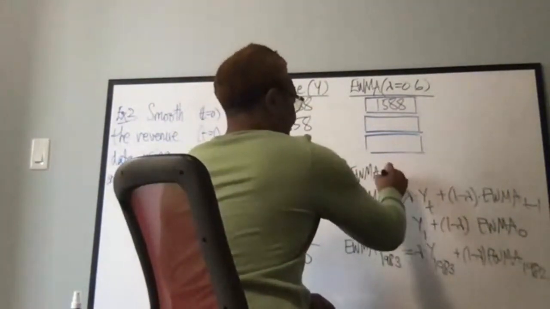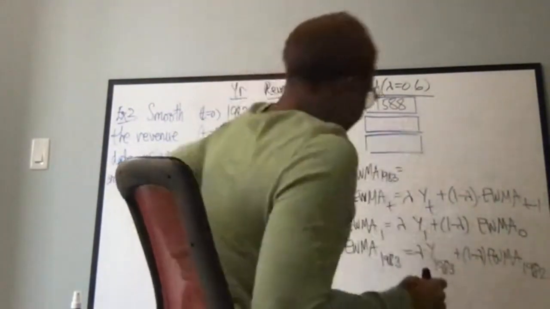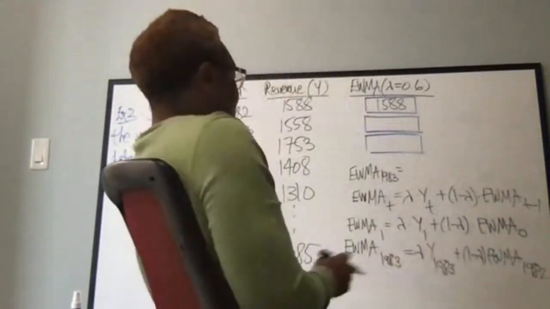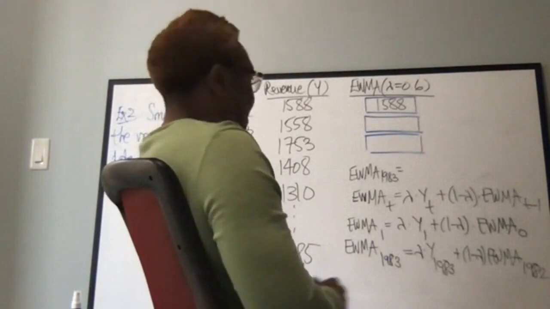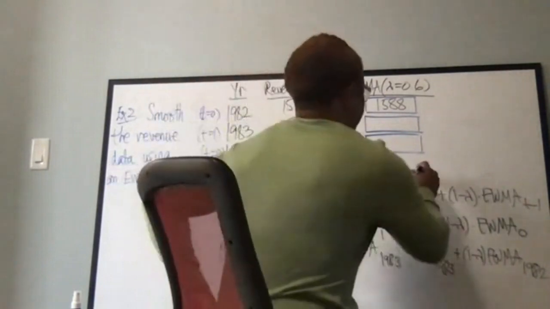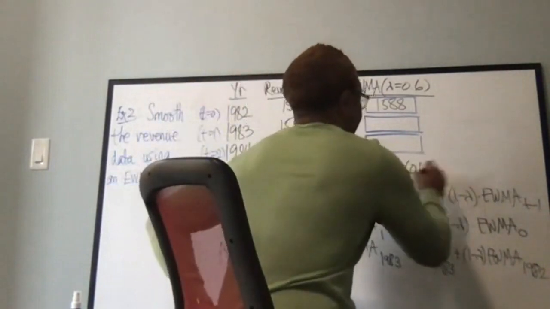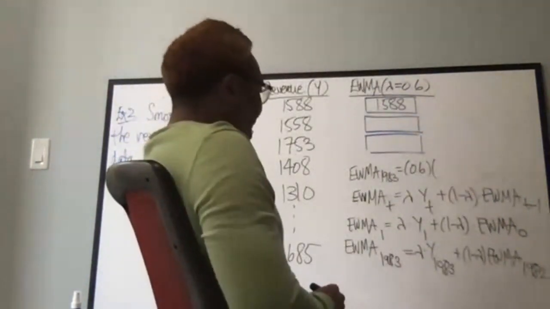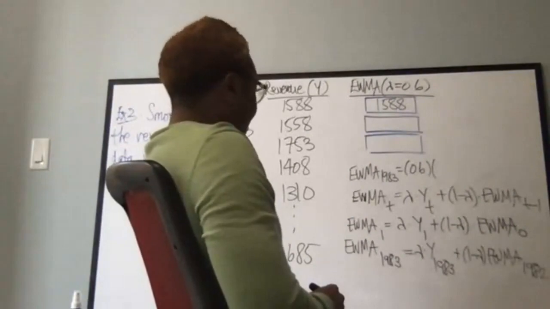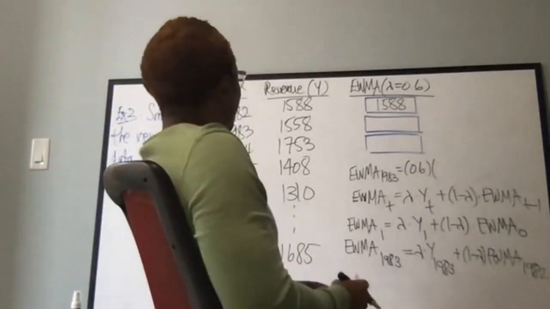EWMA of 1983 equals. Now, what is our lambda in this problem? 0.6. So I'm going to say equals 0.6 times. What is y of 1983?